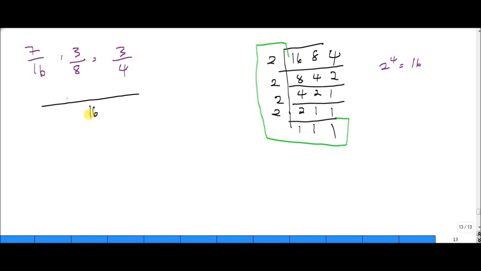So 16 into 16 would go 1 time. 1 times 7 would give you 7. So the equivalent fraction for 7/16 would be 7/16, because in this case we'll be multiplying both the numerator and the denominator by 1.